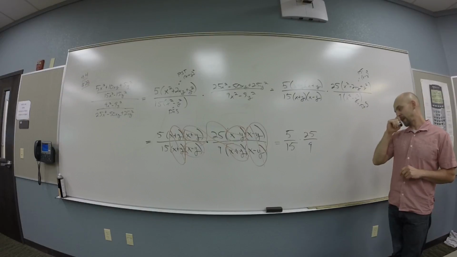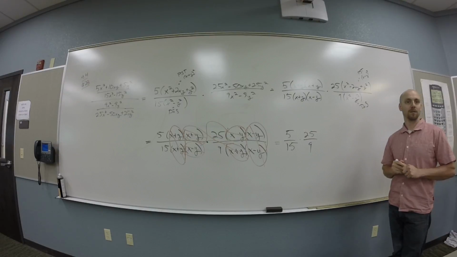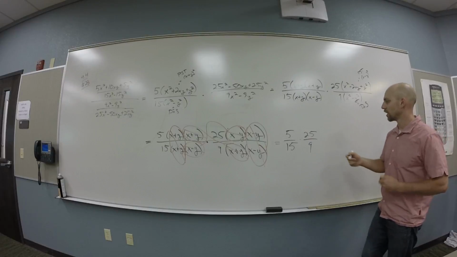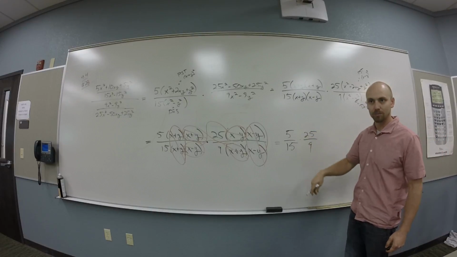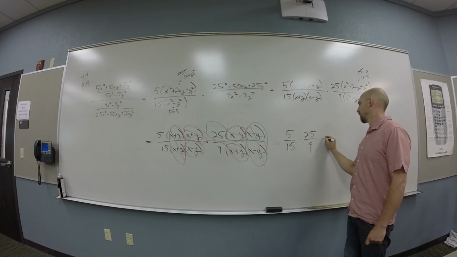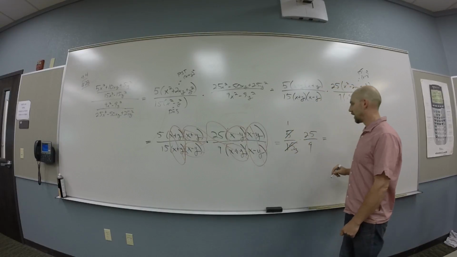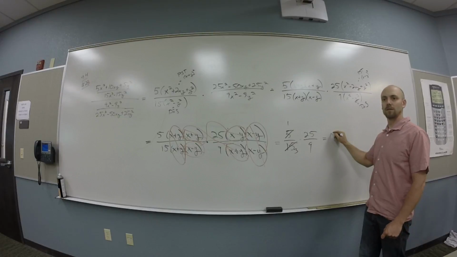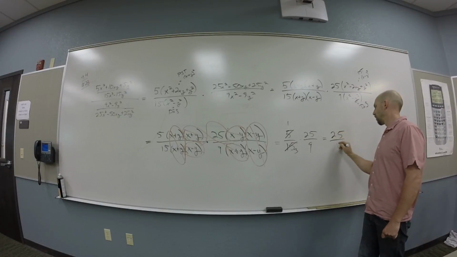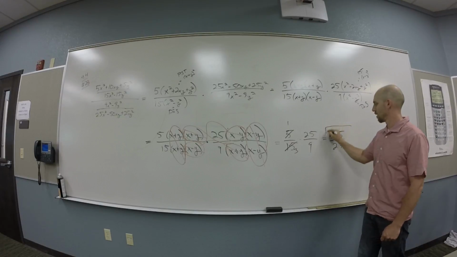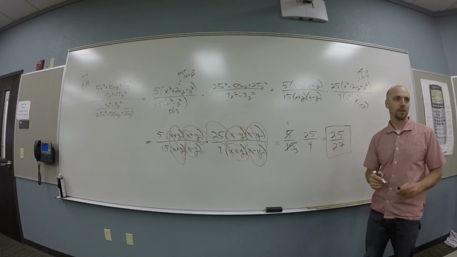Okay, and then what? You can take out a 5 on both sides. There's a onesie in here someplace, right? So I get 25 over 27. Boom.